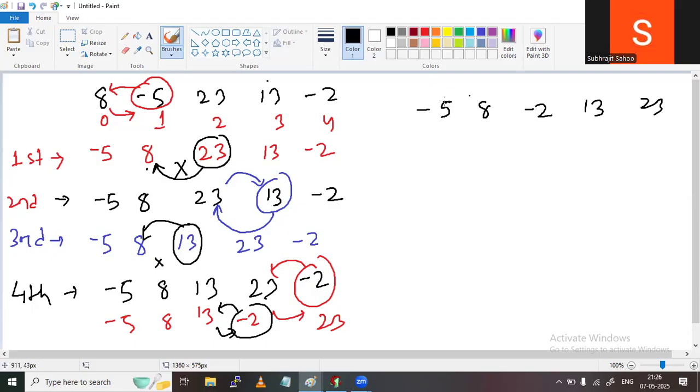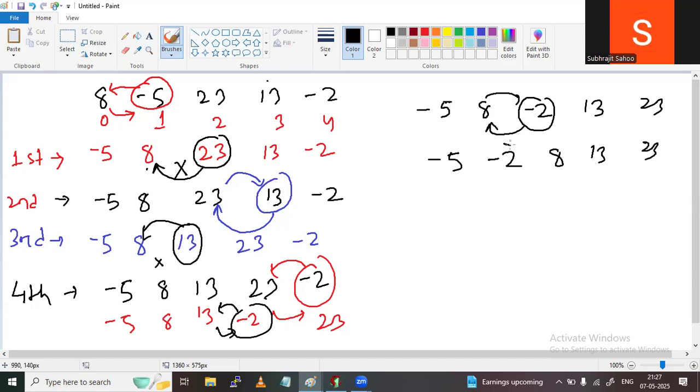Again, more elements are on the left side, so checking has to be continued. Then -2 will be checked with 8. So it is element-wise checking, not index-wise checking. Repeatedly, I'm telling, my -2, so again it is required to swap. Swap it immediately: -5, -2, 8, 13, 23.